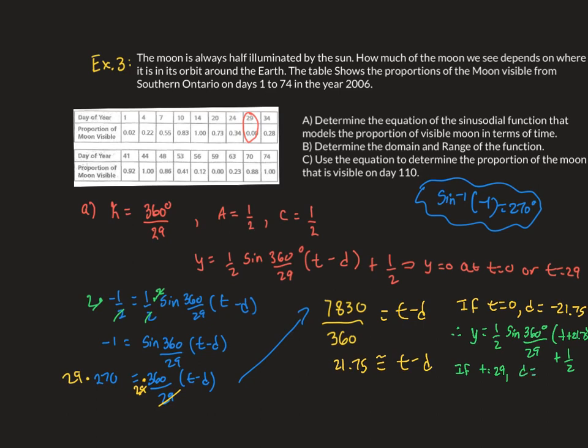Then d would be 7.25. So I have a second equation there: y is equal to 1/2 sine 360 degrees over 29 (t minus 7.25) plus 1/2.